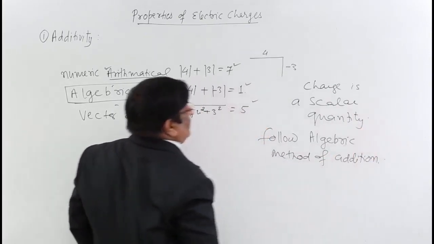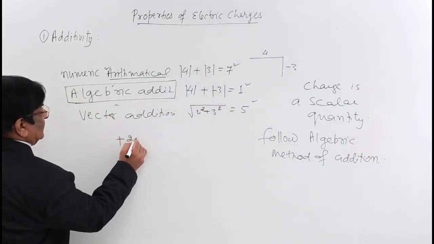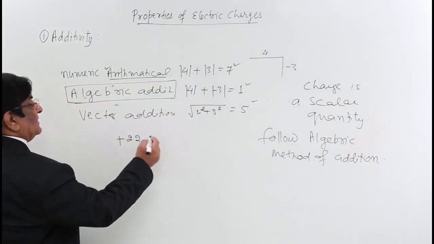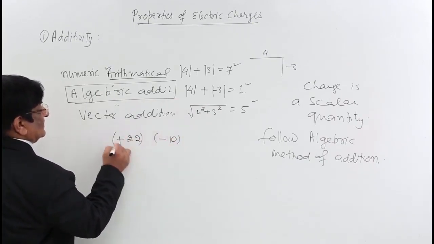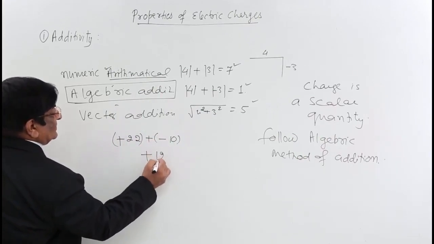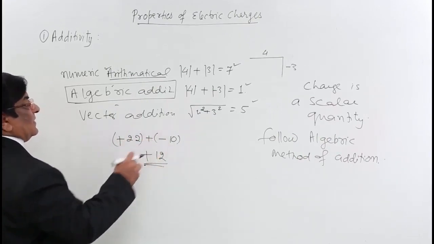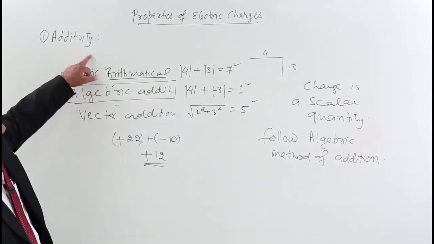Algebraic method of addition. So if a body has got plus 22 charge and we add 10 electrons to it, then the total charge it will have is plus 12. This is how the charges are added up. So this is additivity.